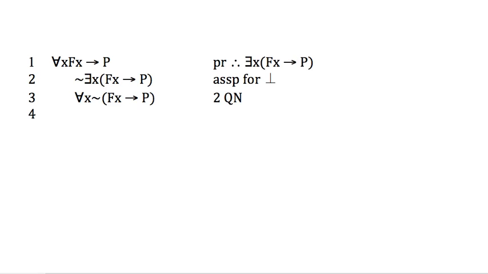At this point, we have a choice. We want to instantiate line 3, and we could do exactly what we did in the previous proof. We could instantiate it not to a variable, not to an existential name, but to a name. And I'd like you to try doing the proof that way on your own.